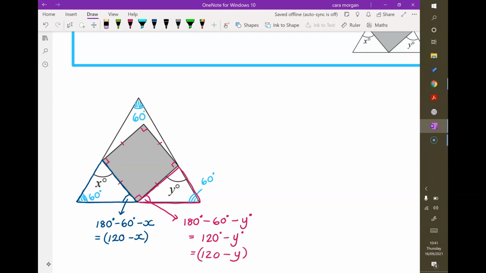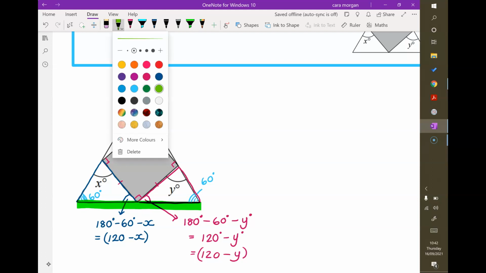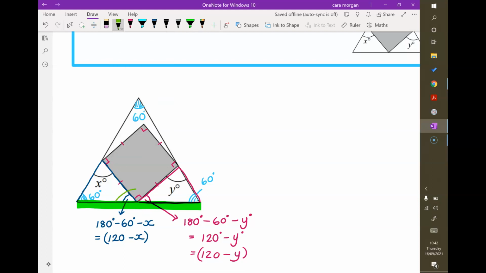What I noticed also is that along the bottom of the triangle, I have a straight line. And we should know that angles on a straight line have to add up to 180 degrees. So I have the blue angle, which is 120 subtract x.